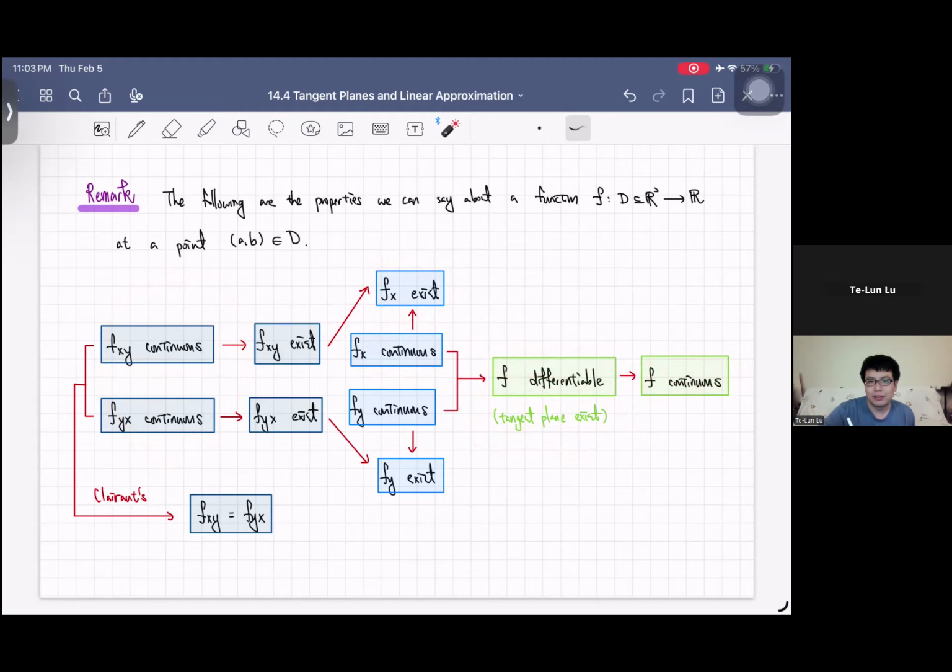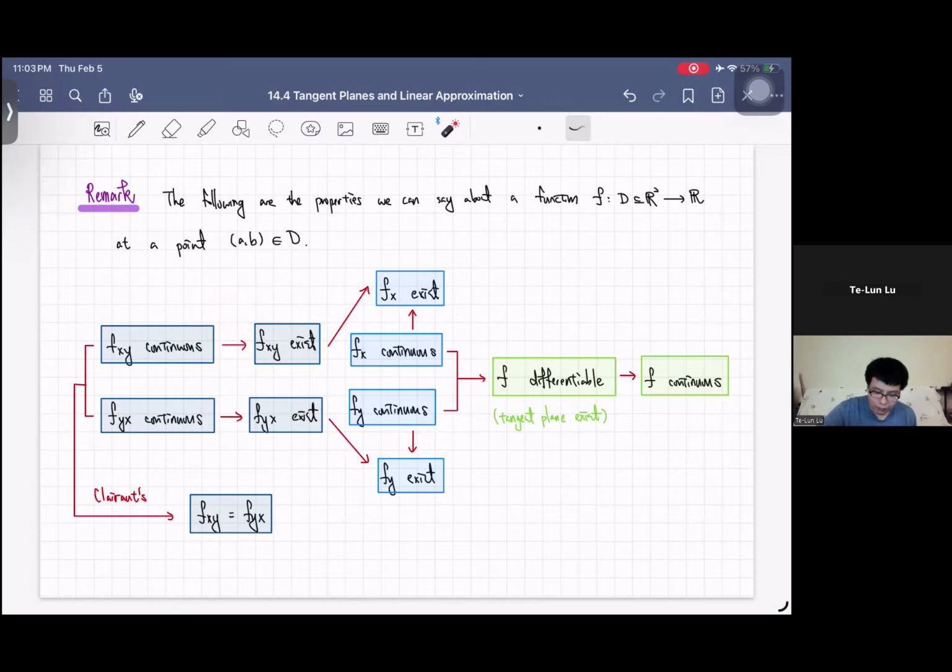As I mentioned before, there are counterexamples for these different directions, meaning that there might be some function that has second order partial derivatives, but the partial derivatives are not continuous. This is rather simple to imagine.